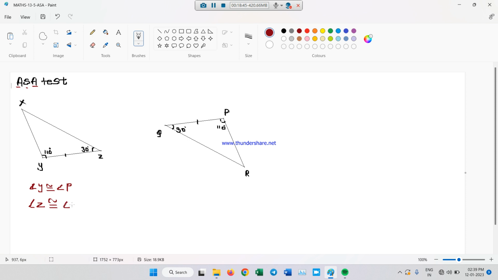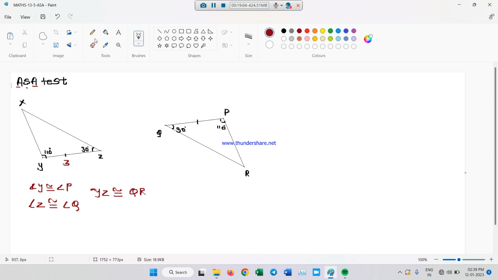Suppose this is 3 centimeter, and sorry, my mistake, it's not QR, it's PQ. This is also 3.